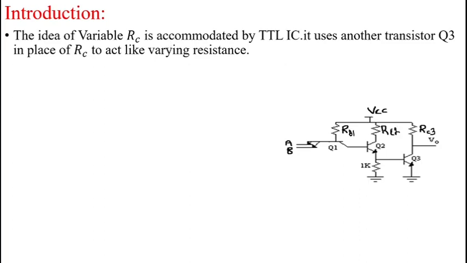It uses another transistor Q3 in place of RC to act like a varying resistance. It means that in this circuit we are replacing this collector resistor RC3 by another transistor Q3. That combination of this Q3 and another transistor we call the totem pole output structure.